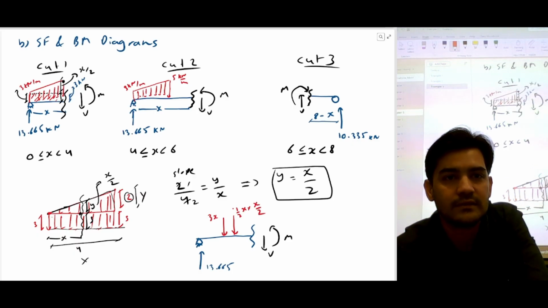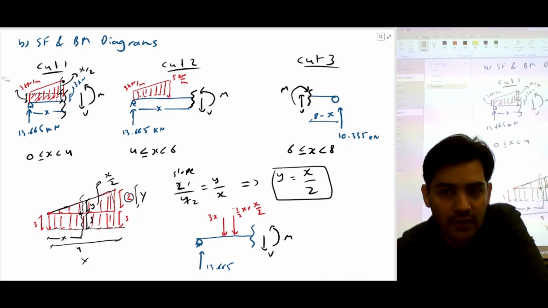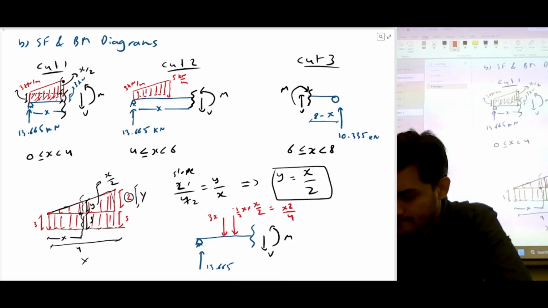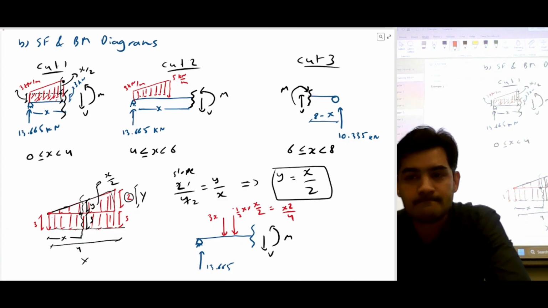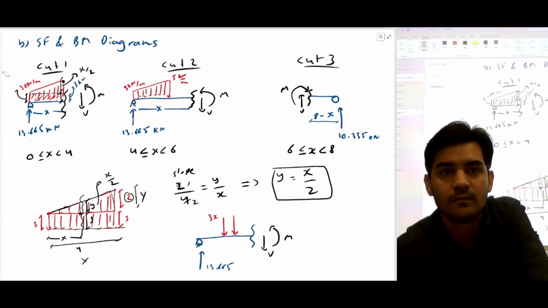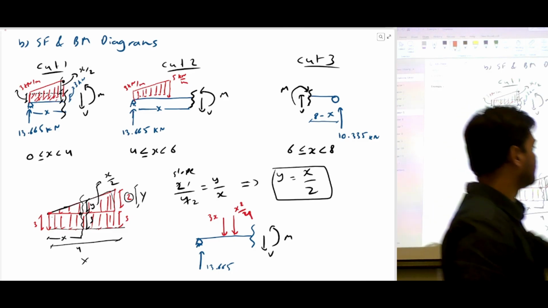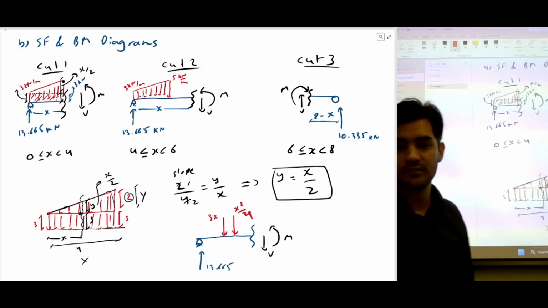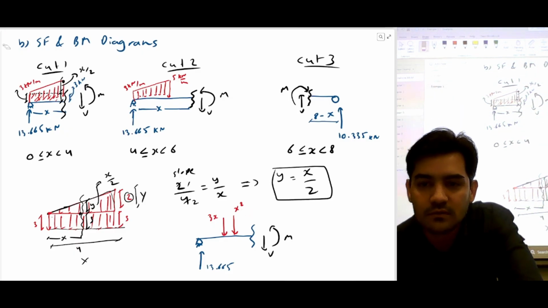So that's going to be x squared by 4. So these are our loads, 3x and x squared by 4. Does it make sense?